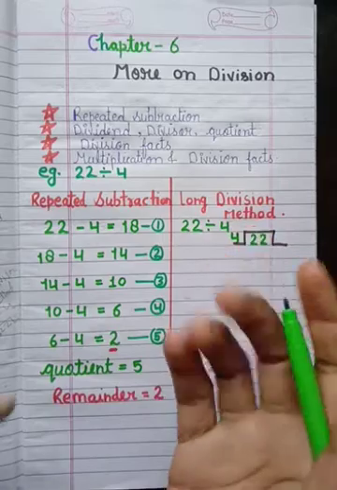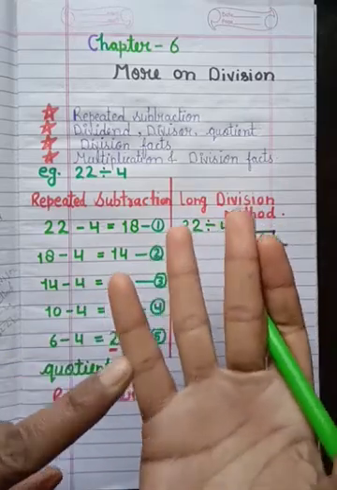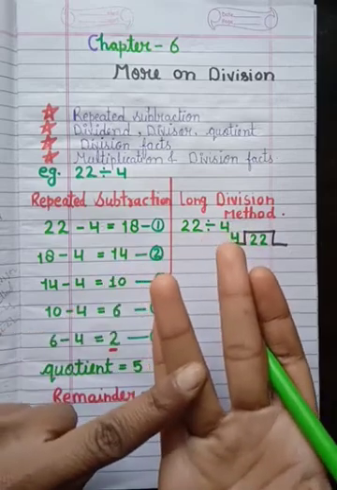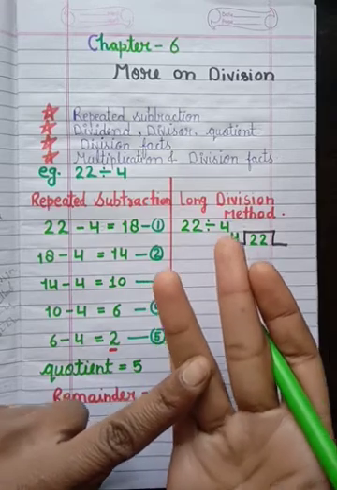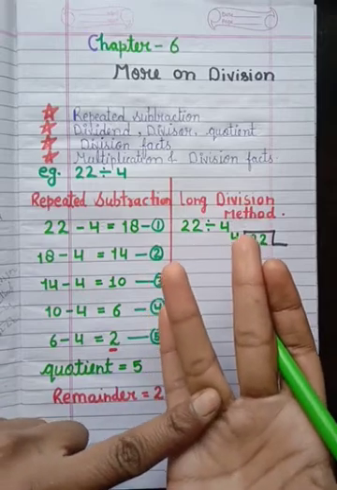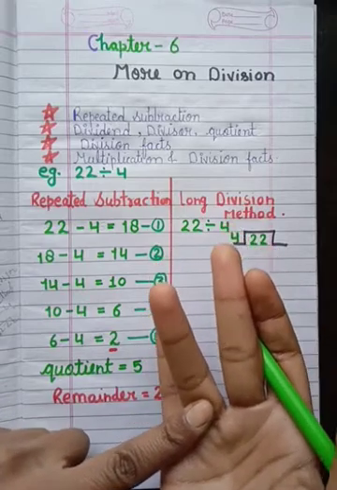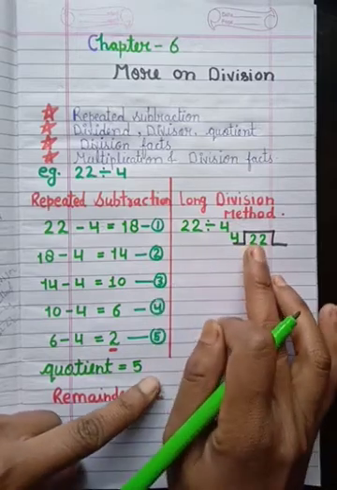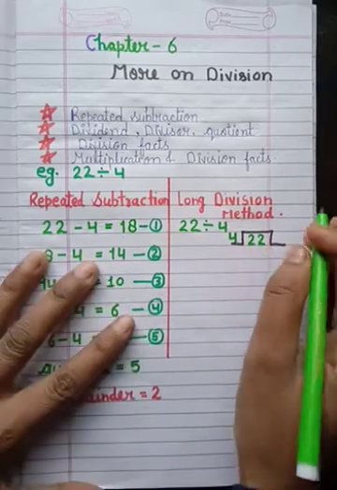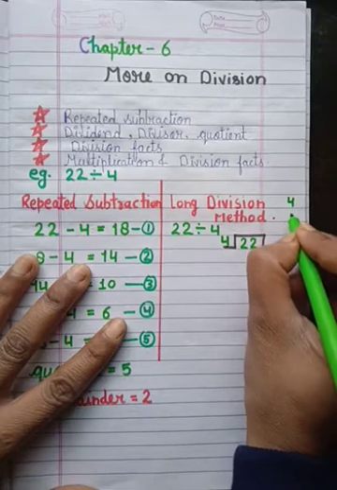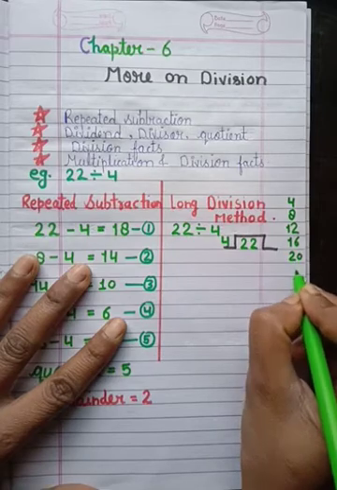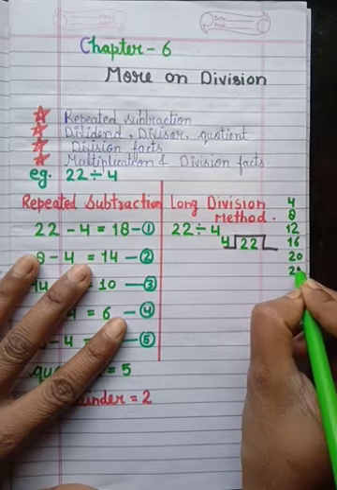4 1 जा 4, 4 2 जा 8, 4 3 जा 12, 4 4 जा 16, 4 5 जा 20 and 4 6 जा 24.